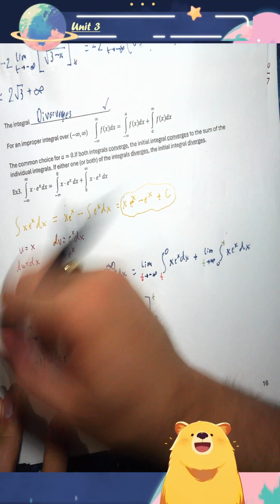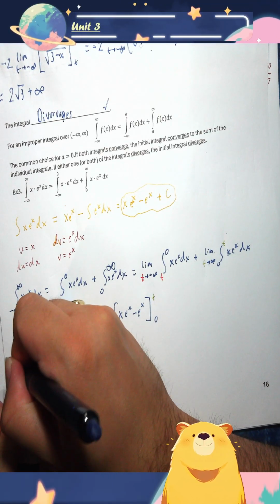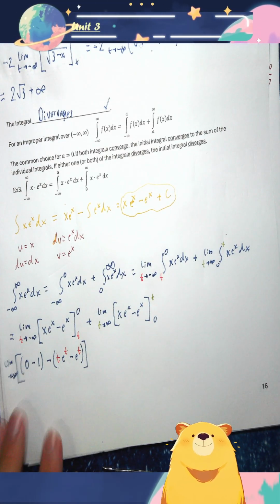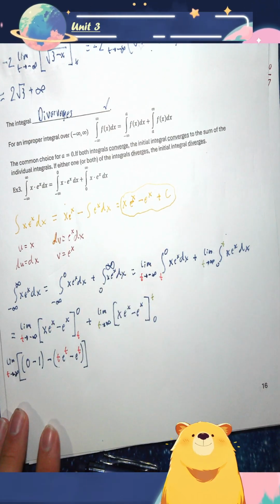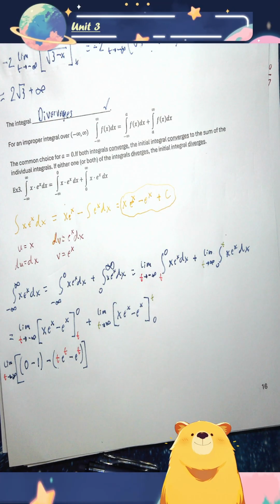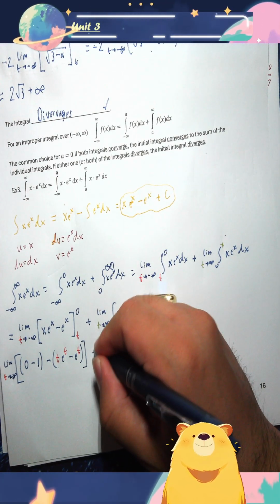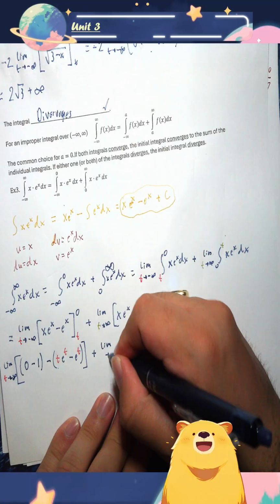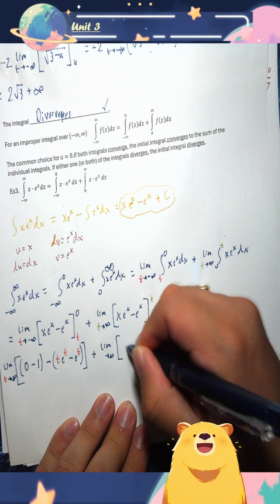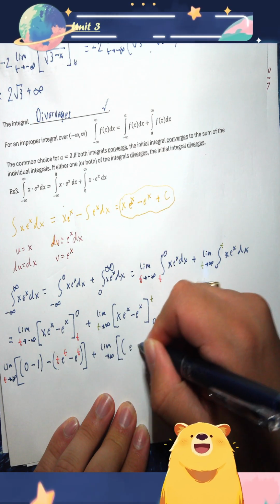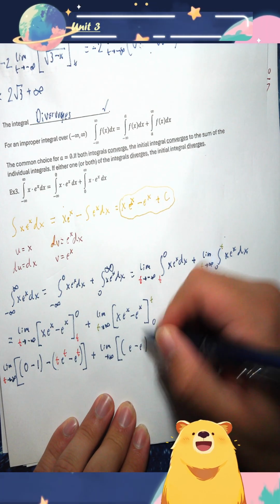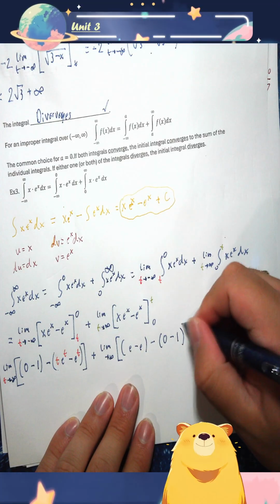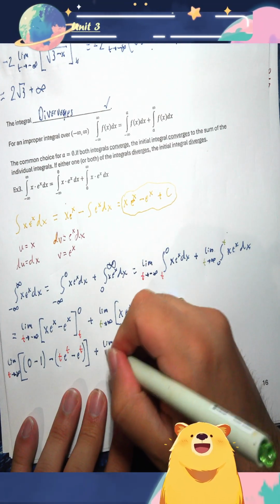Oh, I forgot to write that in the first part. All of this with the limit as that t goes towards negative infinity. And then plus a similar thing for the limit as that goes towards infinity of e minus e. I'm going to add the t's right now, then minus 0 minus 1 for the green t's.